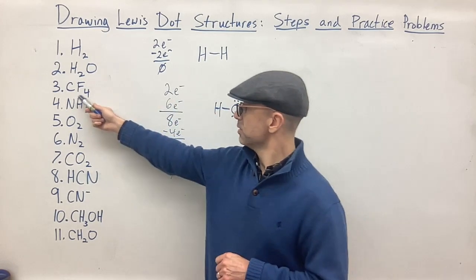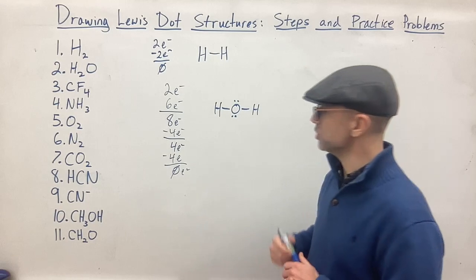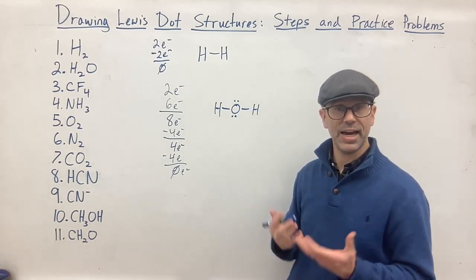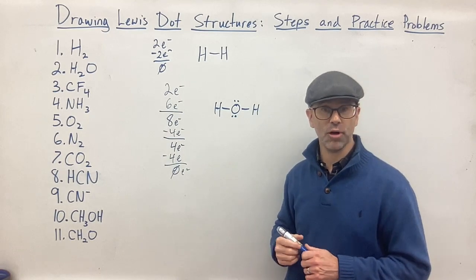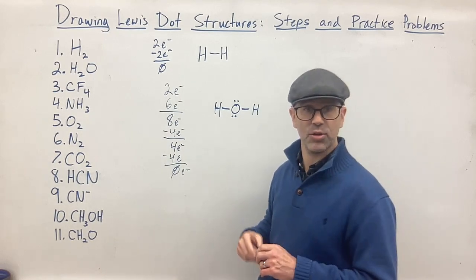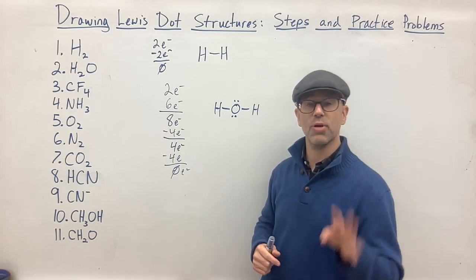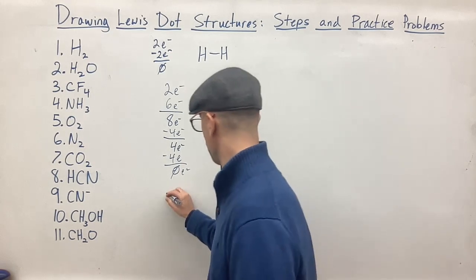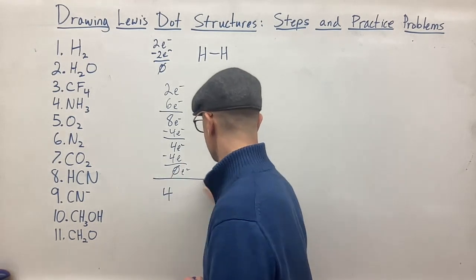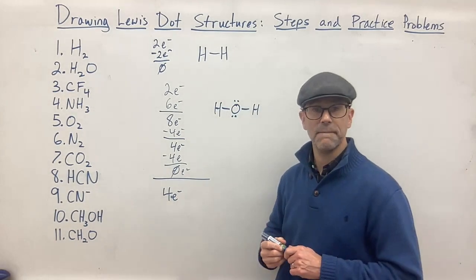Okay. What about number 3? We got carbon tetrafluoride, so CF4. So once again, we have to add up all our valence electrons for CF4. So let's add those up. Carbon, we only have one carbon. Carbon's in group 4, so that is 4 valence electrons for the carbon, okay?